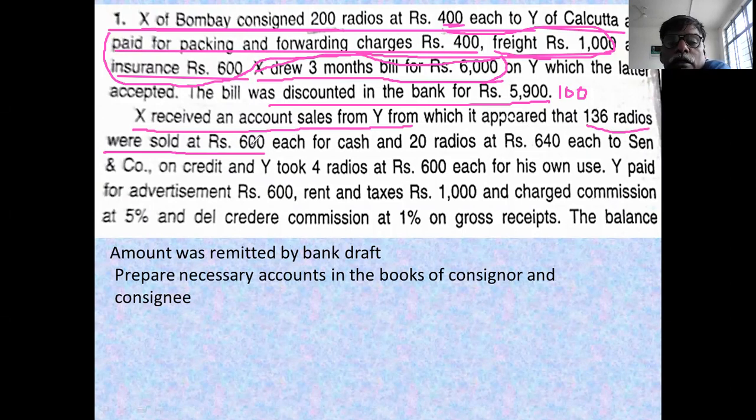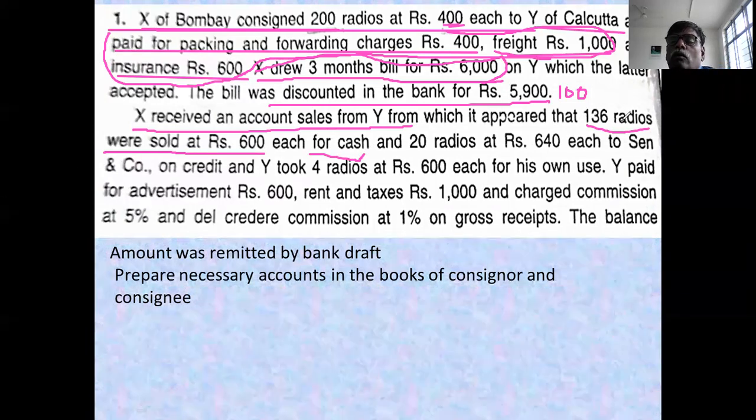If you multiply these two, you will get the total sale for cash. You remember this. 136 radios sold for cash. So cash sale is 136 into 600.